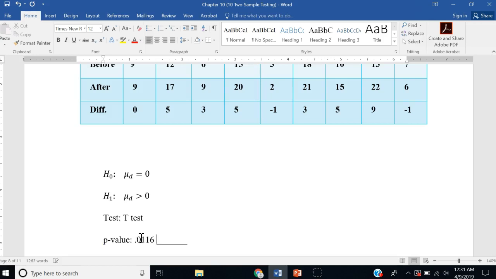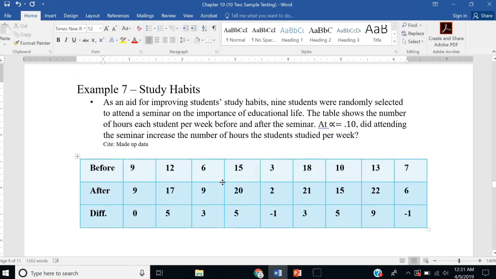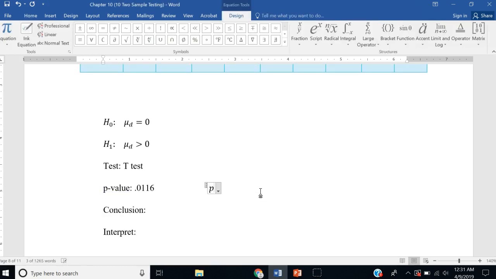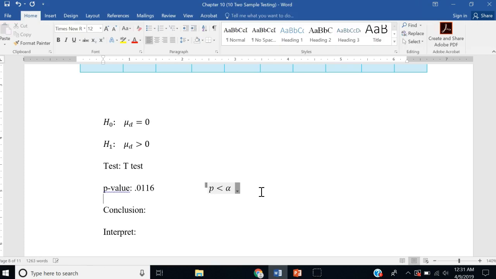0.0116. All right. Now that p-value, let's look at what alpha is. Alpha is 0.10. So this p-value is less than alpha. There we go. P is less than alpha.